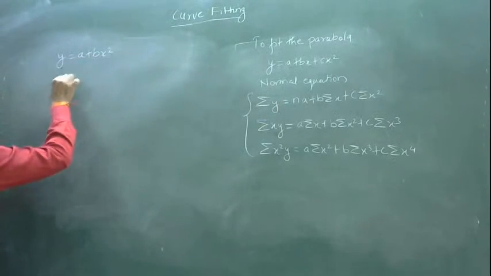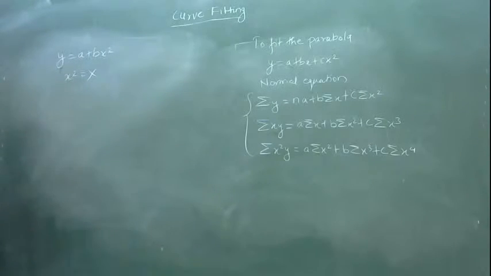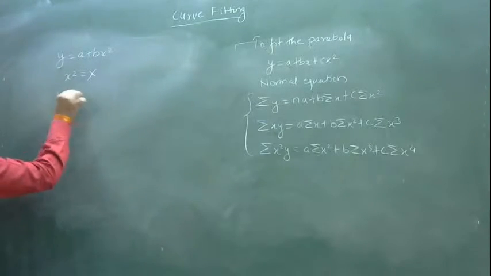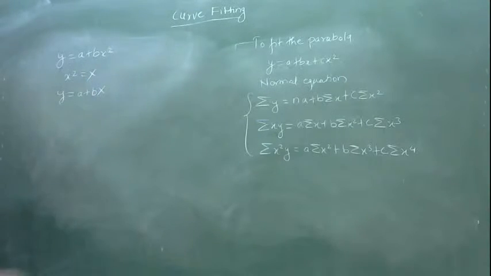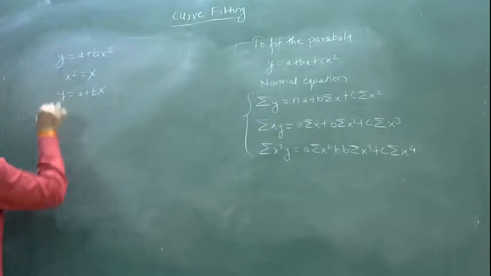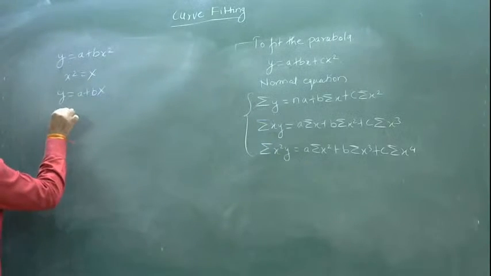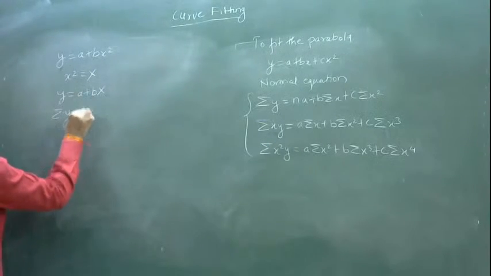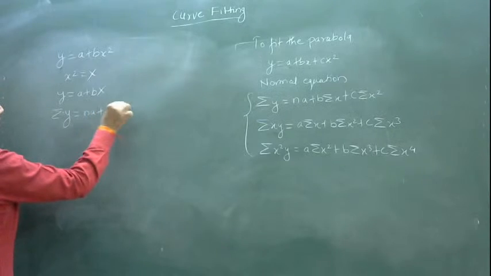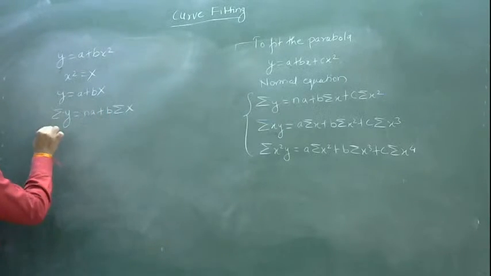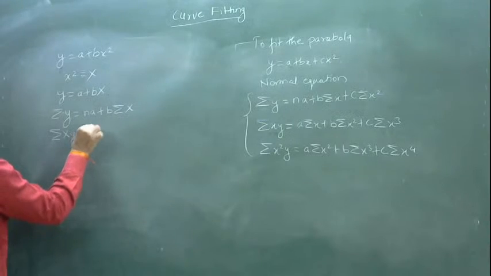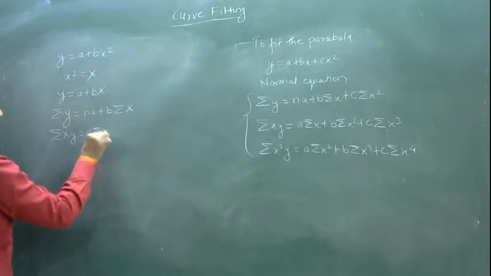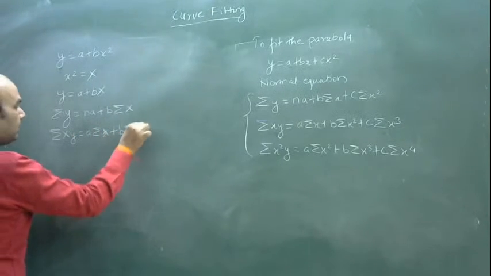First you have to take x square is equal to capital X. So y will be equal to a plus b into capital X, where capital X is equal to x square. So the normal equations will be like this: summation y is equal to n a plus b summation capital X, and summation capital X y is equal to a summation capital X plus b summation capital X square.